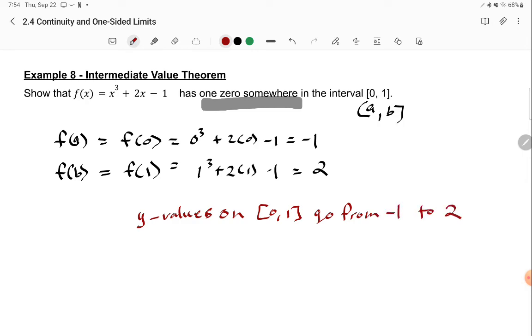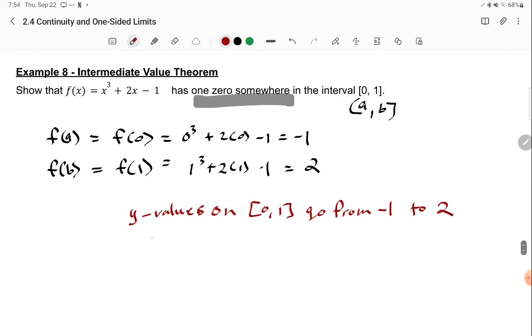And so it must have at some point gone through y equals 0. It had to go through y equals 0. There's no way for it to go from negative 1 to positive 2, if it's continuous, without going through 0. So the y values on 0, 1 go from negative 1 to 2.